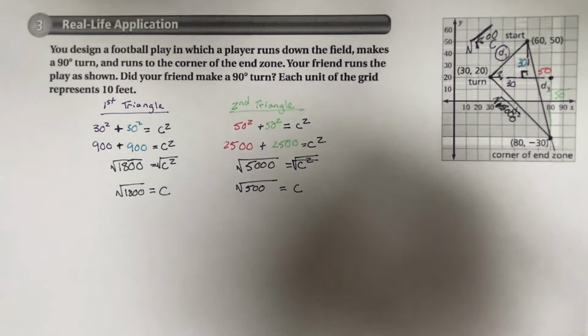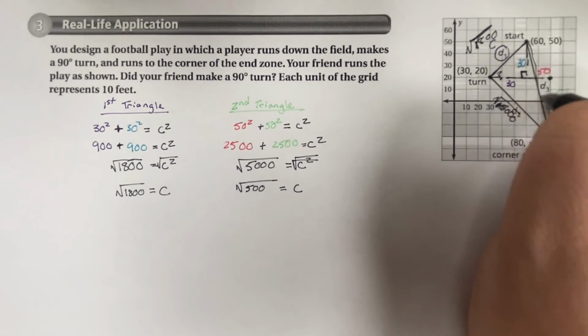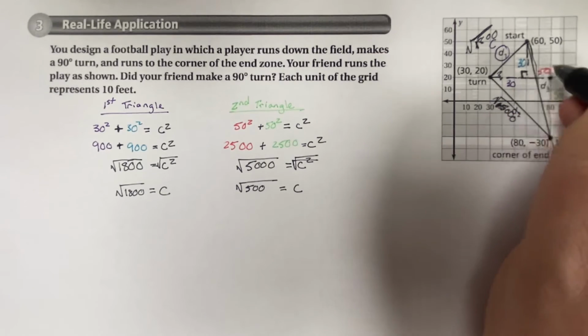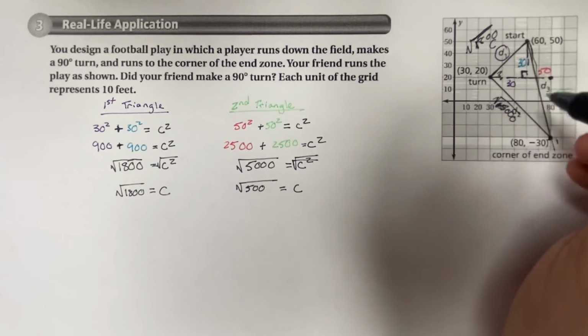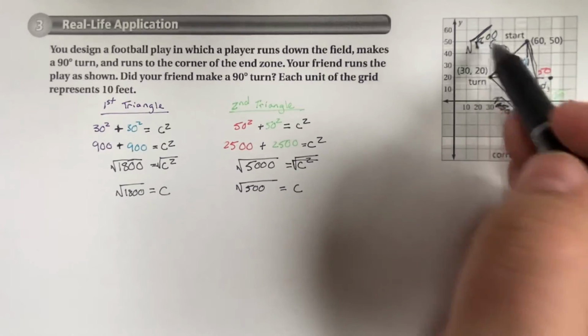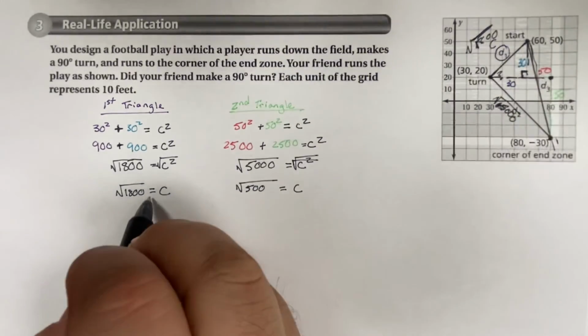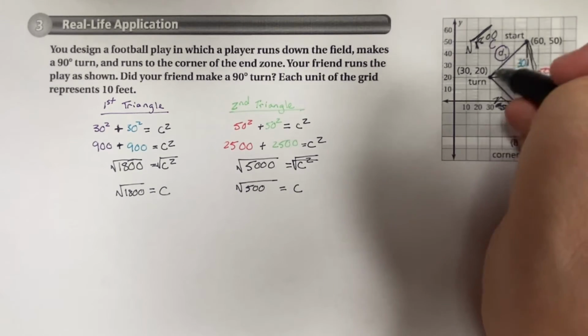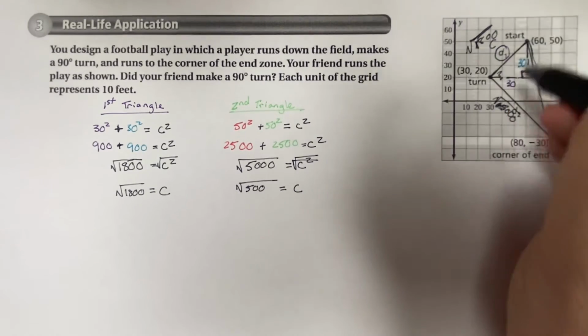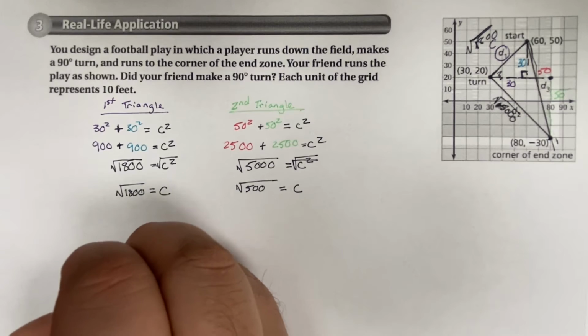All right, now the question is, what does this need to be right here in order for this to be a right angle? Well, here we have 1,800, 5,000. What I can do is combine these. This C is also equal to the side of my big triangle. So that means it's one of my sides.